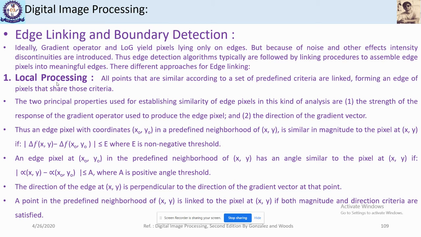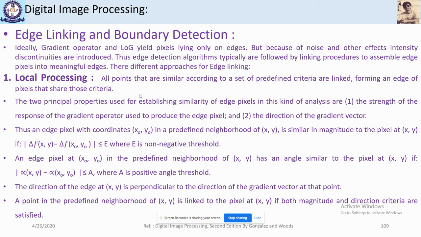First, here we will discuss two approaches. First is local processing and the second is global processing. In local processing, all points that are similar according to a set of predefined criteria are linked, forming an edge of pixels that share those criteria.